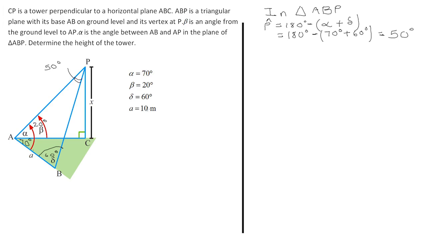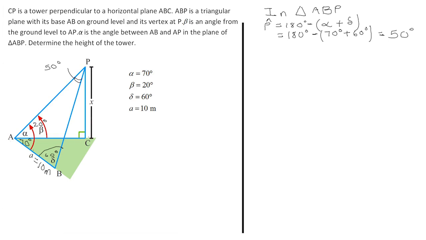Then they give me a value of A. A is equal to 10 meters. Now, in order to find the height of this tower, which forms part of a right angle triangle, obviously I need to find the value of AP, because AP is a common side.